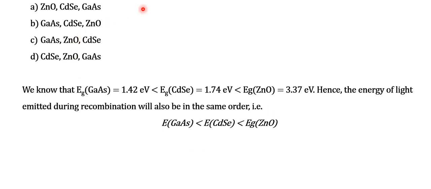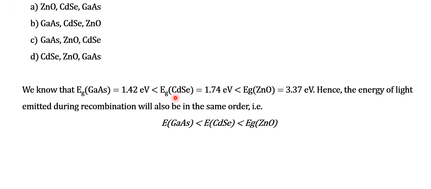So energy of light you have to find out in the increasing order of wavelength. Increasing order of wavelength means the smallest one has to come first, and it will be the reverse. So Eg is given. From Eg you have to find out the lambda value, and the lambda values you then have to arrange in the increasing order.